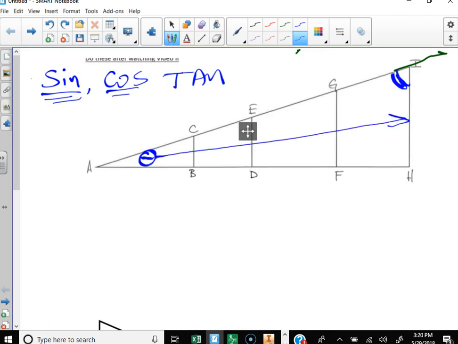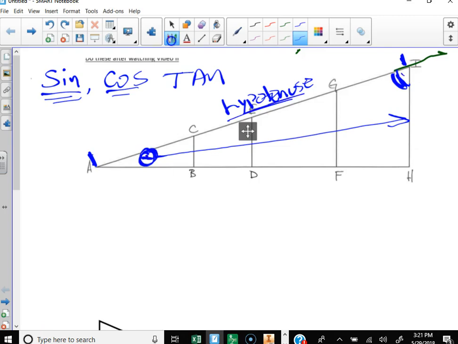And of course, another side that we can always identify in a right triangle, and doesn't even matter where you're standing, is the hypotenuse. In fact, in many cases, I would encourage you to identify that first. It's always the longest side.